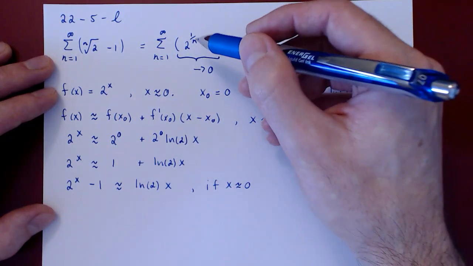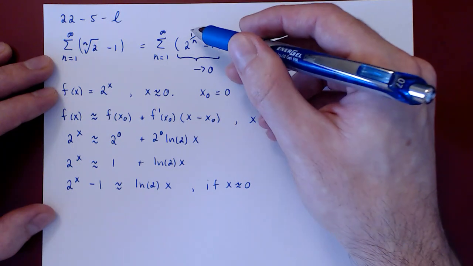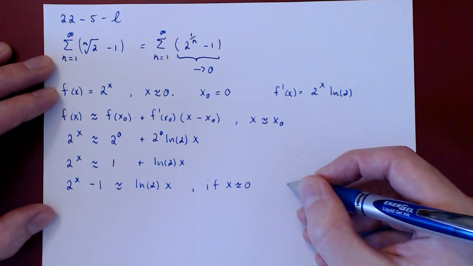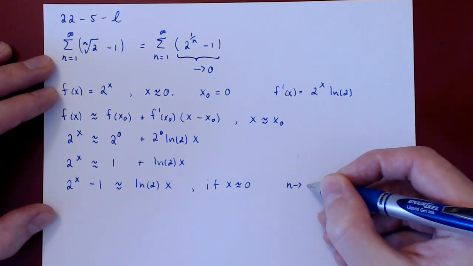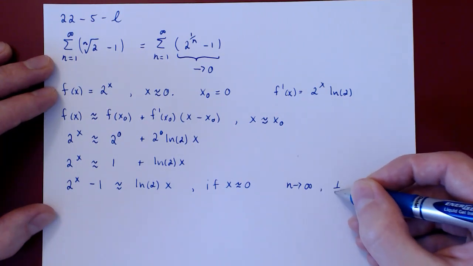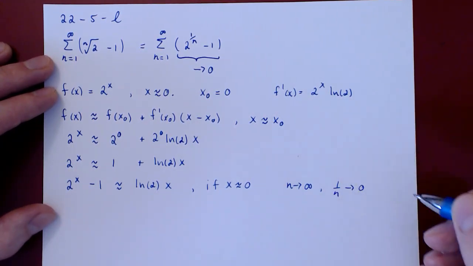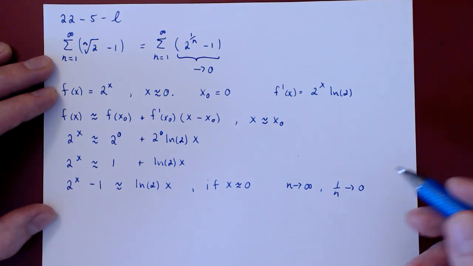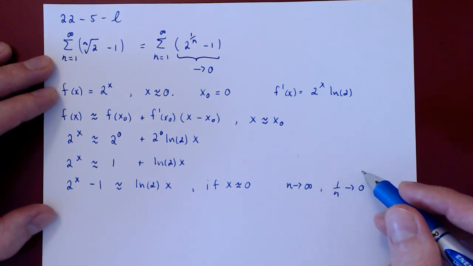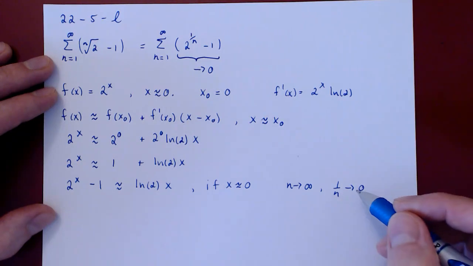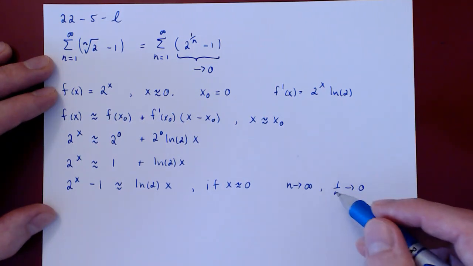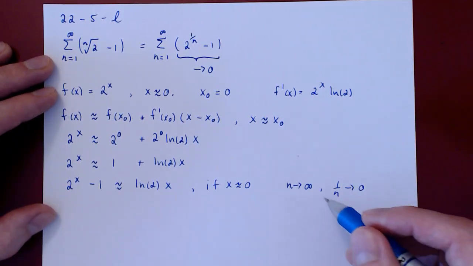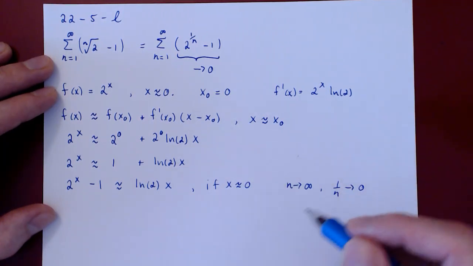Well, we have such a quantity, in our case, 1 over n, right? So when n tends to infinity, obviously 1 over n will be approaching 0. So 1 over n is a very, very small number, getting smaller and smaller as n tends to infinity, and so we can replace x now by 1 over n.